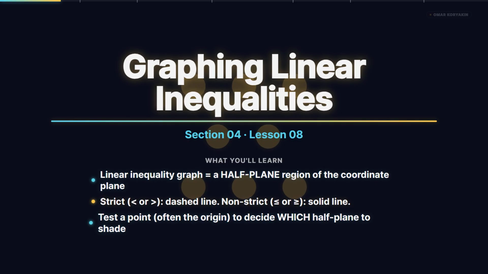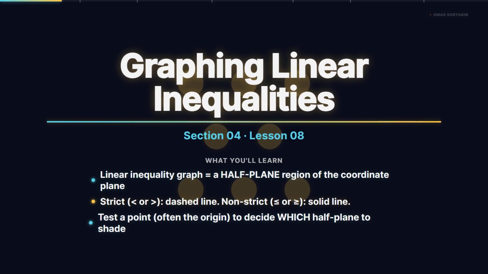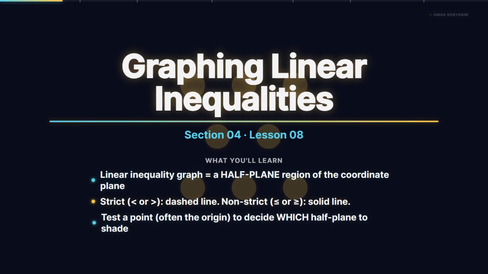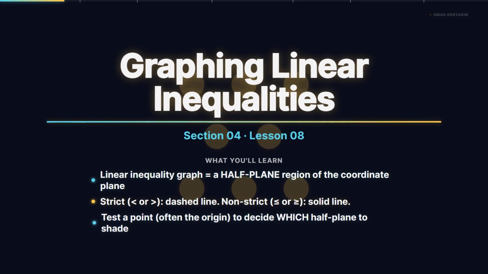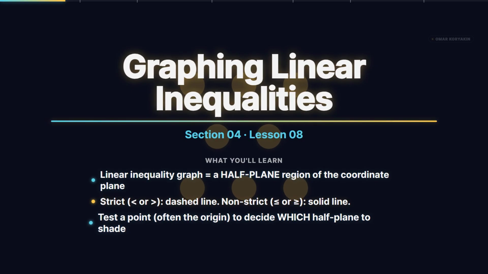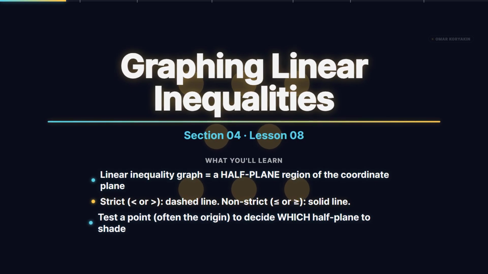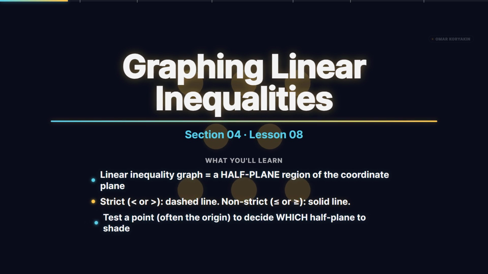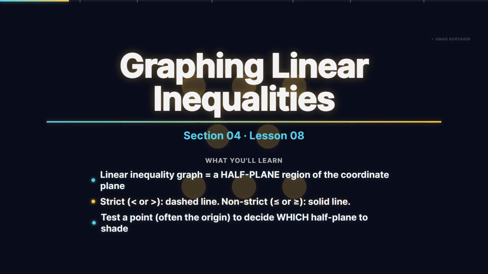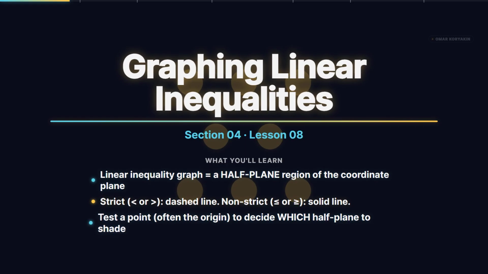Third idea, to decide which half-plane to shade, use the test point method. Pick any point not on the boundary line, often the origin (0, 0) if the line does not pass through it. Plug the point's coordinates into the original inequality. If the inequality is satisfied at the test point, shade the half-plane containing that test point.